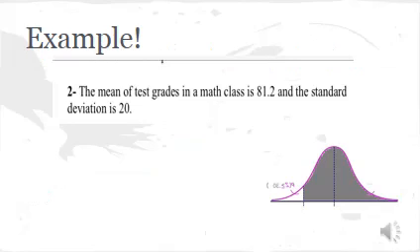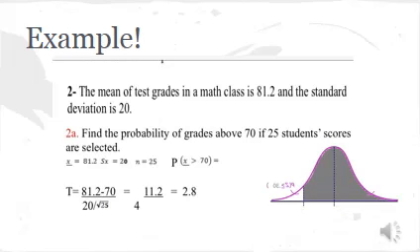An example of using a small sample size would be the following question. The mean of test grades in a math class is 81.2 and the standard deviation is 20. Find the probability of grades above 70 if 25 students' scores are selected.